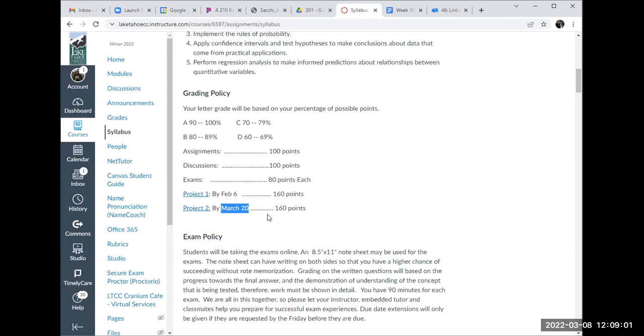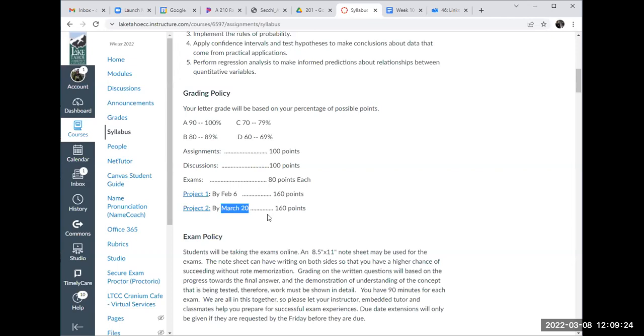I'll look at it and give you some advice. That's the idea. I know it's still 12 days from now before it's due, but I'd say a week from now would be a good time to have a draft done. That way I can look at it and you've got plenty of time to take my suggestions and make them happen. So that's just a note about project 2.